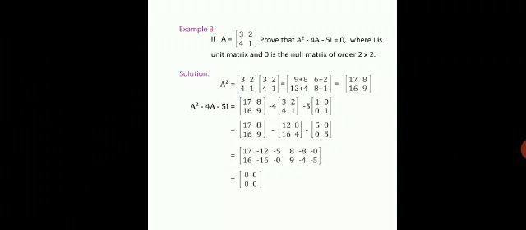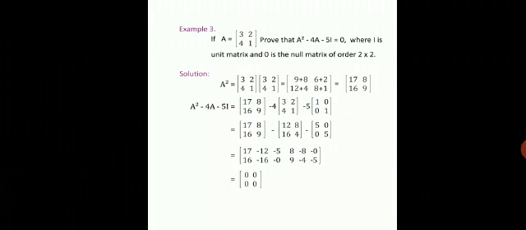That is 3 into 3 is 9, 2 into 4 is 8, 3 into 2 is 6, 2 into 1 is 2. First row with first column, first row with the second column are your first 2 elements of the resulting matrix.